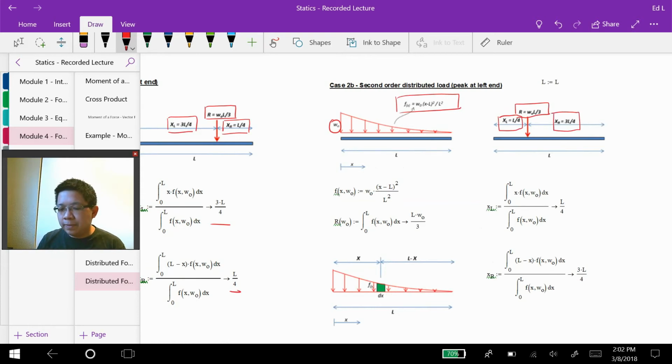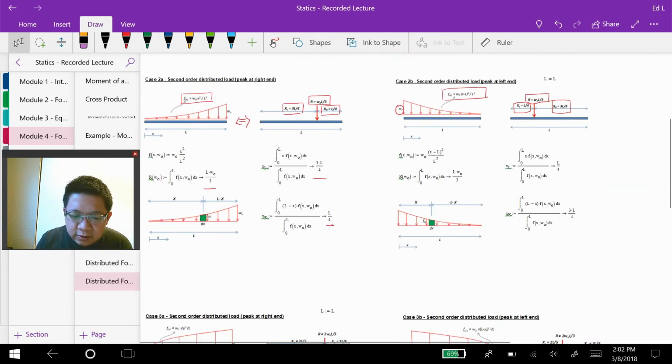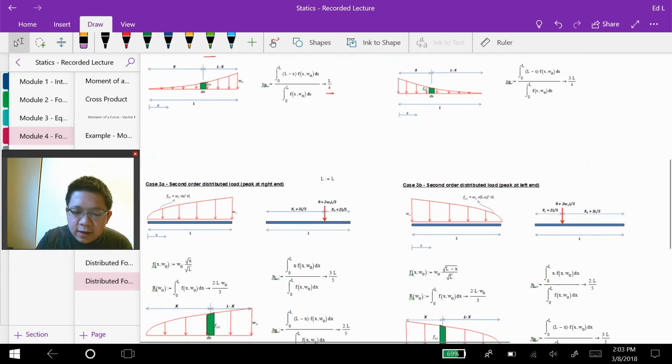Okay, and then the last case in here is still a second order curve, but instead of having a concave curve, right now we have a convex one, right? So if I'm not mistaken, we call this convex, but please double check. Okay, so in here the distribution of the force Fx is distributed using this function, right?